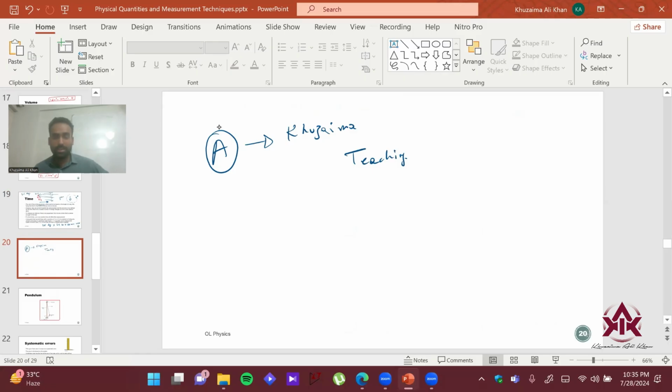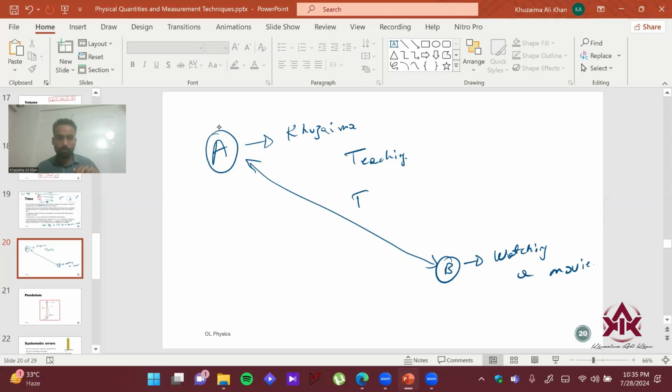And then we have event B, that is you guys watching a movie, right? It's a Sunday, obviously you're going to watch a movie. So we have two events. The duration between these two events is called time. Let's say after 1 hour, we go from event A to event B. So that is time.